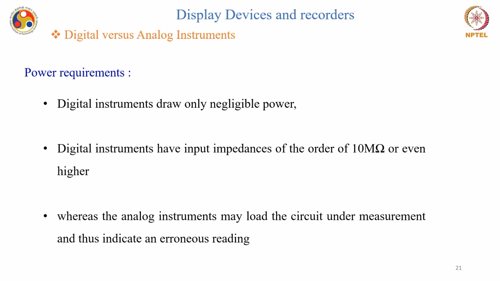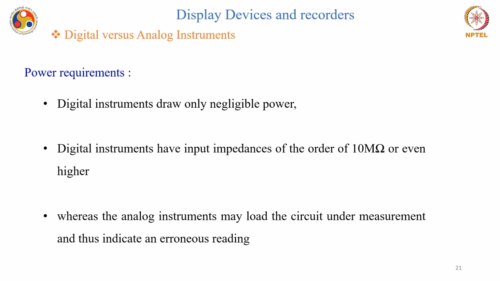Digital instruments draw only negligible power because they are mostly IC based devices, and we have seen that analog meters are coil based devices and they require higher input current or voltages. Digital instruments have input impedance of the order of 10 mega ohm or even higher, so they will not load your circuit, whereas the analog instrument may load the circuit under measurement and thus indicate an erroneous result.